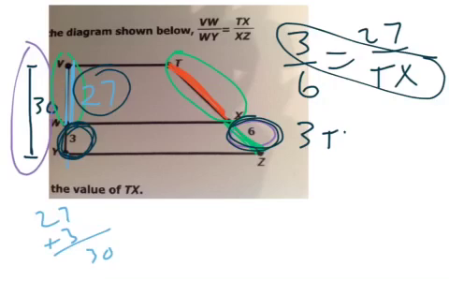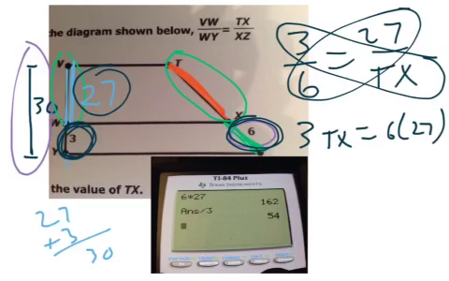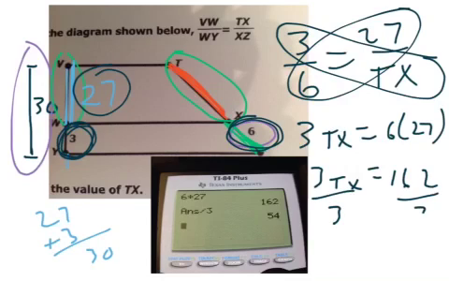I know 3 times Tx equals 6 times 27. Looking at my calculator, sorry for the bell there. So as you can see, looking at the calculator, I know now that 3 times Tx equals 162, and dividing by 3, Tx, our missing side, is 54.